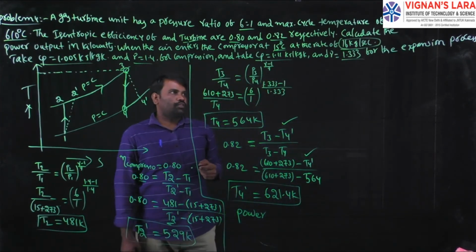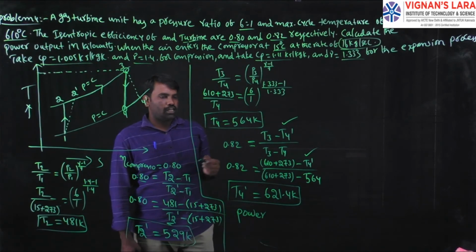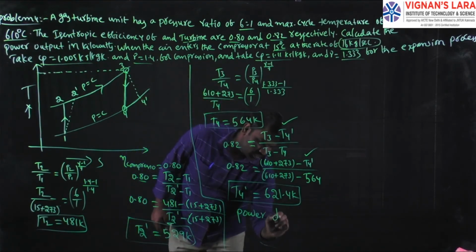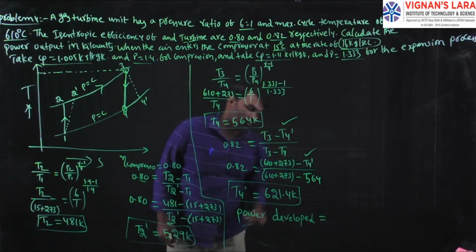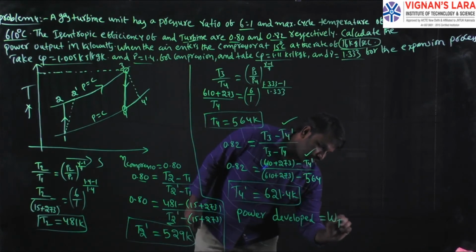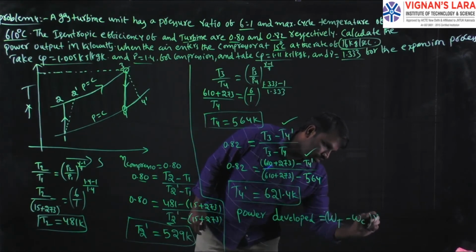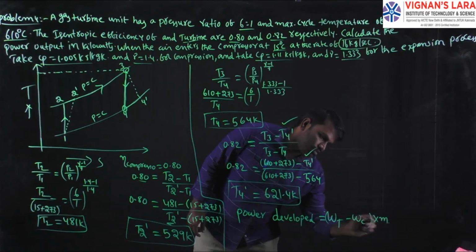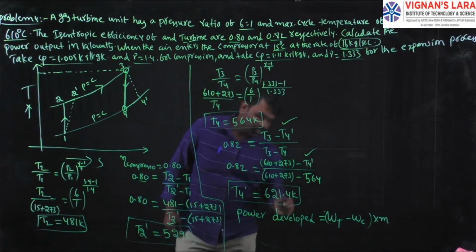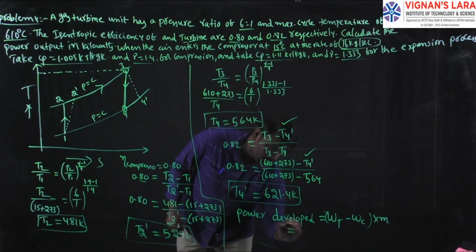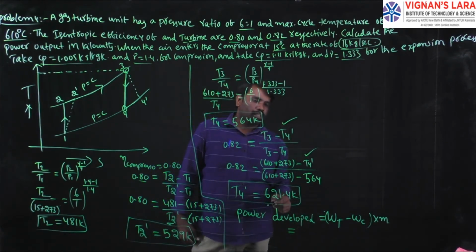With that we can easily evaluate the power developed. Power developed is equal to turbine work minus compressor work, into mass flow rate of air.